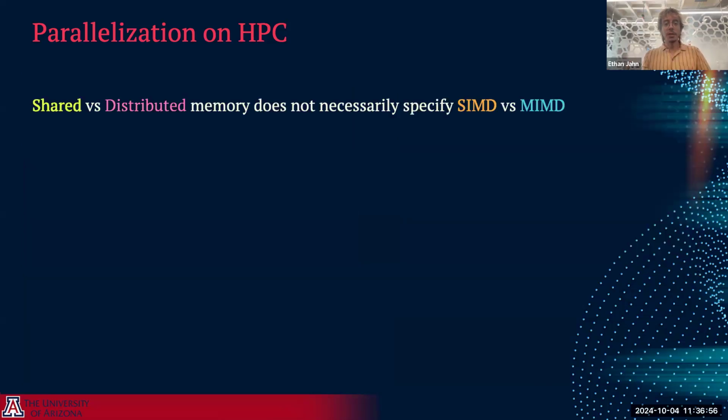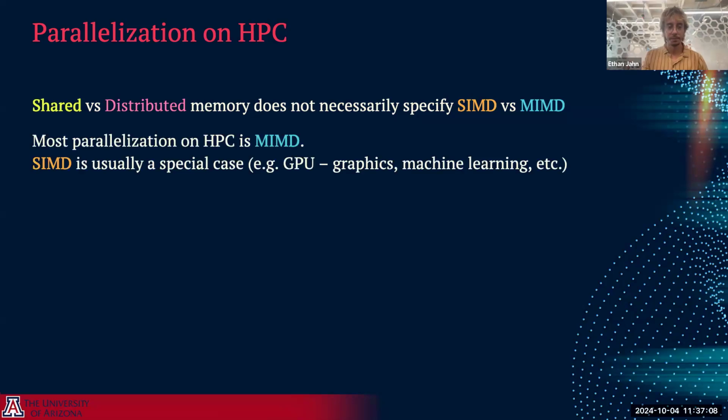So typically speaking, shared versus distributed memory does not necessarily specify whether a program is being executed as SIMD versus MIMD, right? Single instruction versus multiple instruction. Most parallelization on HPC is MIMD. SIMD typically is used in the GPU world. So if you're using GPUs, this could be considered SIMD.